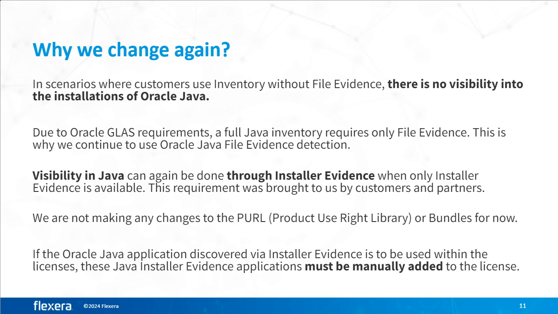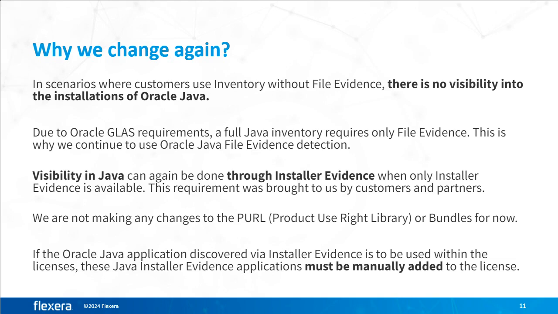Let's say for Windows machines, the installer evidence, by the way, is Add Remove Programs, for example, right? This is translating it to the Windows name. Add Remove Programs on Windows is providing good enough insight to see, oh, there is Java installed, and I also know the version, right? So for Windows, it's not the challenge. It's really more the challenge on Linux Unix to identify the right version to use.